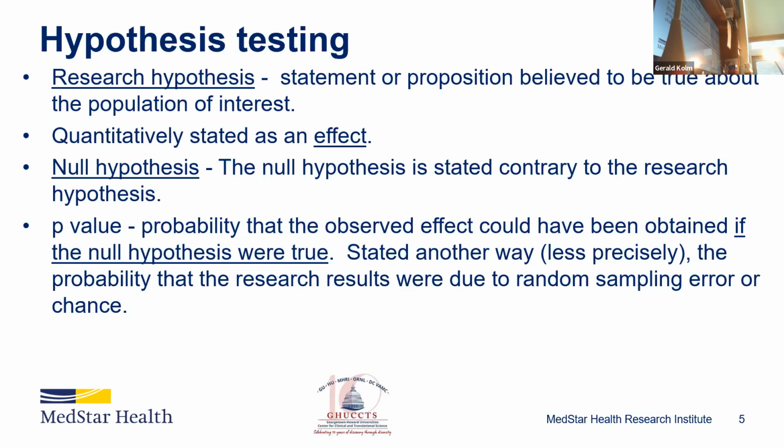So when we do statistical analyses, we're always going to assume that the null hypothesis is true. And then we're going to calculate a probability that the research results or the observed effect could have occurred just by chance or random sampling variability if the null hypothesis was true.